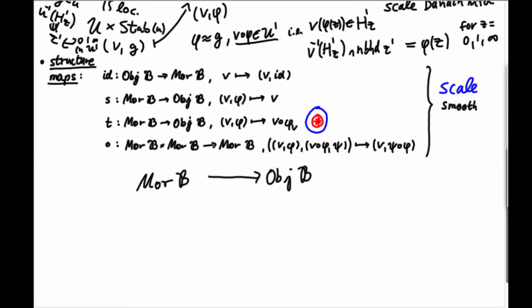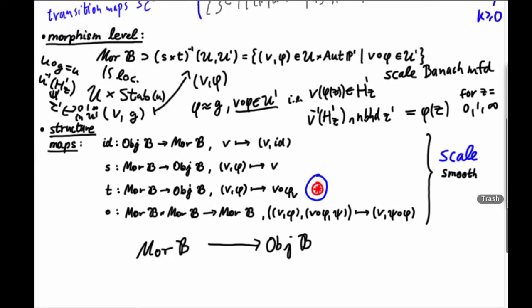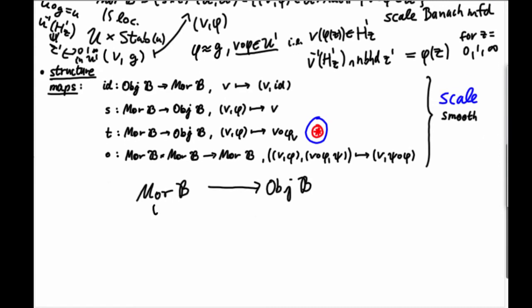I want to do this by looking at this identification. I'm giving this the scale smooth structure that I get from this product here. So I want to think of really u times the stabilizer of u as the scale smooth structure here.